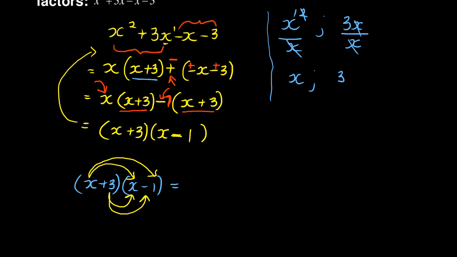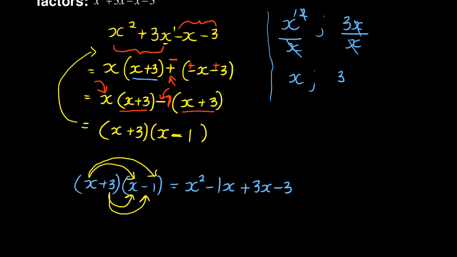So what you are having: x times x is x squared, x times minus 1 is minus 1x, which is same as minus x. 3 times x is a positive 3x, and 3 times minus 1 is minus 3.